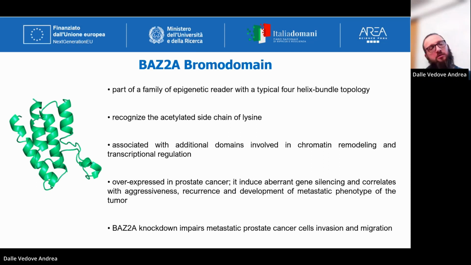And this is the reason why we were investigating. Well, now they are investigating since I moved from that place. BAS2A inhibition is of interest because knocking down this protein somehow impairs the metastatic potential of prostate cancer.